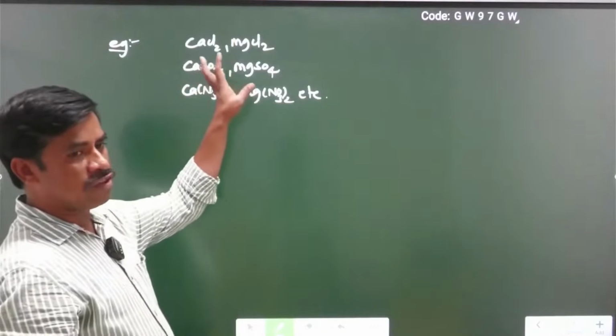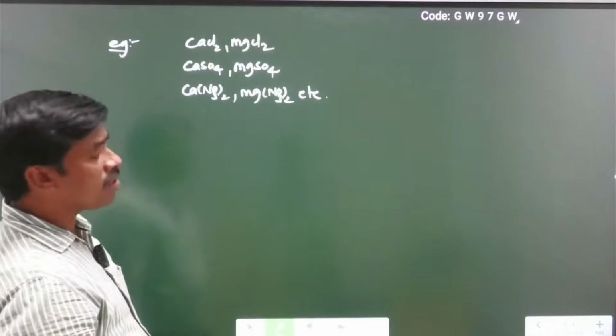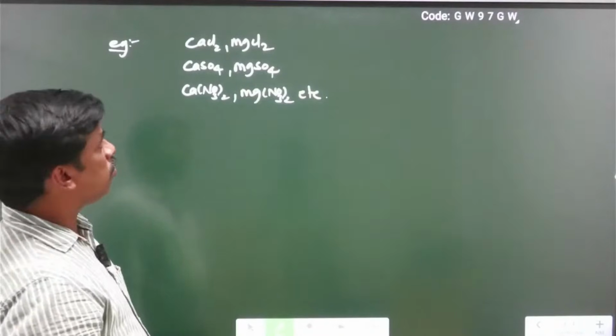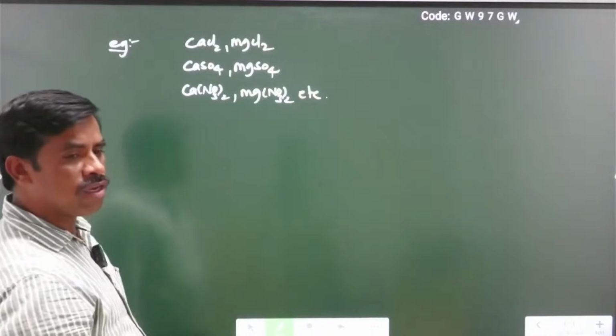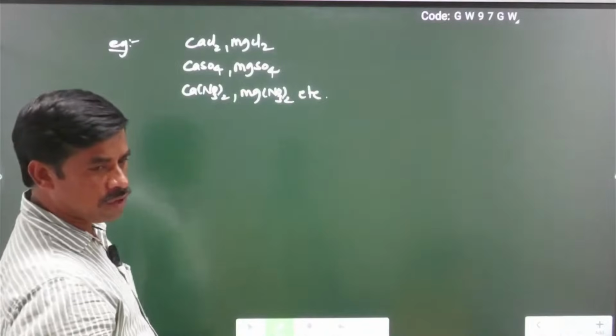These are the salts responsible for permanent hardness. Except bicarbonates of calcium and magnesium, the remaining salts are responsible for permanent hardness of water.